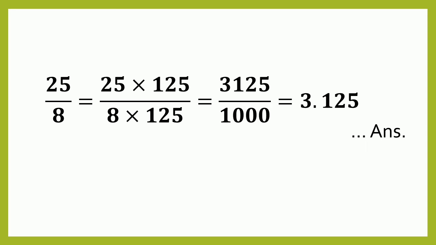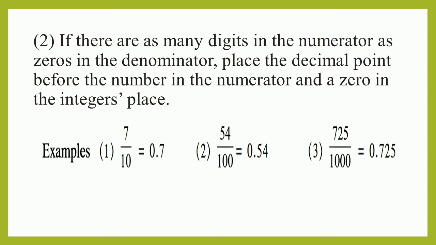We can't read it as 125; we will read the digits one by one. So the common fraction 25 upon 8 is converted into the decimal fraction 3.125.